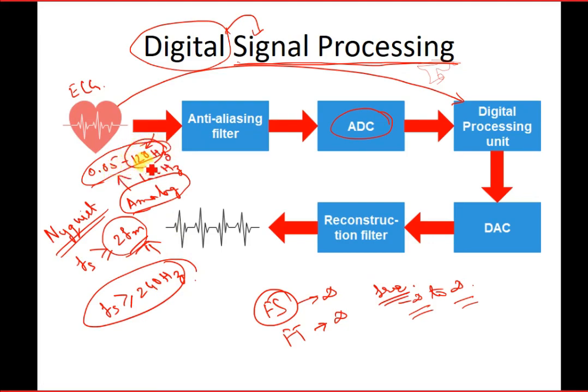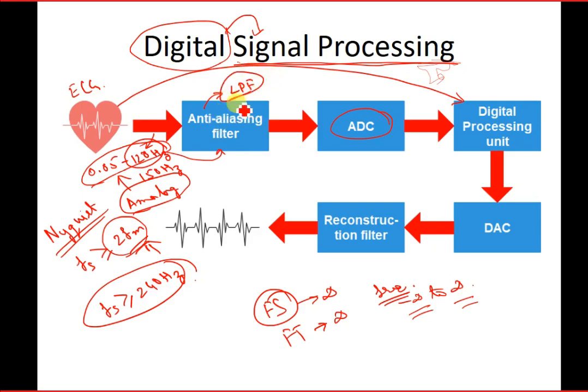So how do you restrict it? The restriction of signals in terms of frequency is done using a filter, which we call the anti-aliasing filter. This anti-aliasing filter is nothing but a low pass filter. Okay.